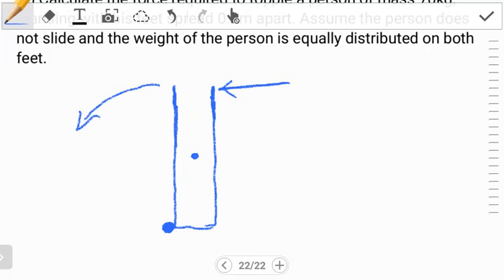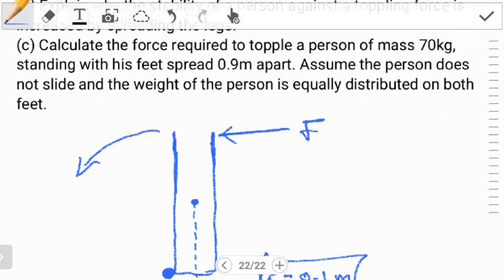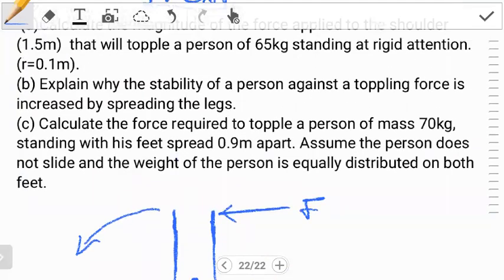Now, since the weight is acting downwards, let's take this to be the radius. So the radius, we're taking it to be 0.1 meters. So this is the first scenario. What is the force that we're going to need to topple this person over? Try to picture it like this. So that's how we're going to work out the first one.